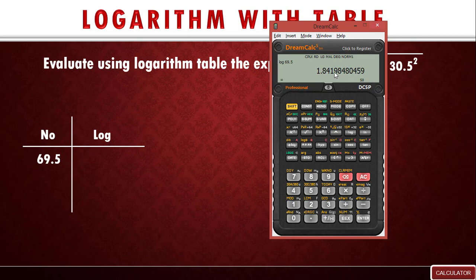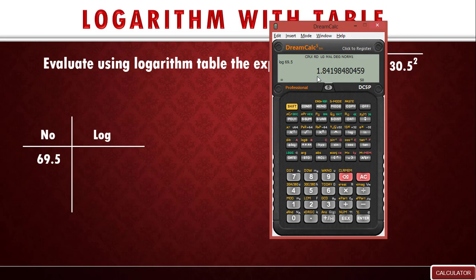1.8419. We're supposed to stop at 4 figures, so we need to approximate every other number to this 4 figure, as you know that the mantissa needs to be 4 digits. So if you approximate this 8 to the 9 becomes 10, and we cannot write 10, so all we need to do is to approximate to the next number, and this one will become 2.